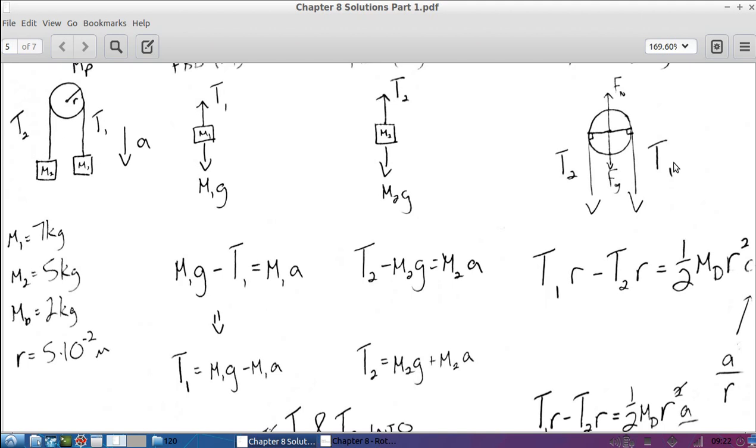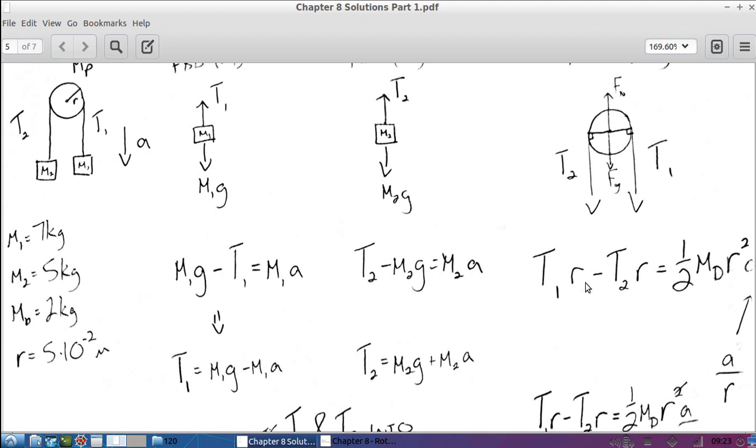So what are the torques being applied on the pulley? So there's a torque due to T1. It's being applied a distance r from the axis of rotation, which is the radius. Okay, so T1 times r, the radius vector and the T1 vector are perpendicular. So sine of 90 is 1.